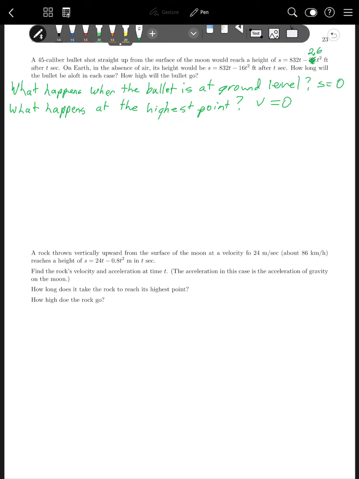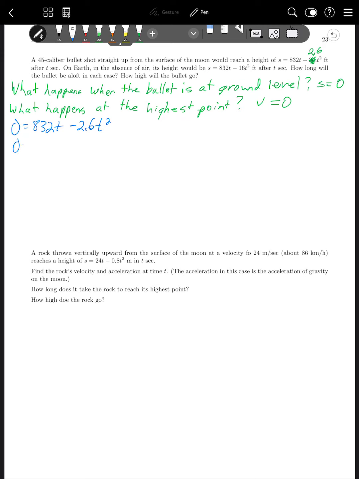So to answer the first question, all we have to do is let S equal 0. So we're just going to do 0 equals 832t minus 2.6t squared. Let's go ahead and do that one.